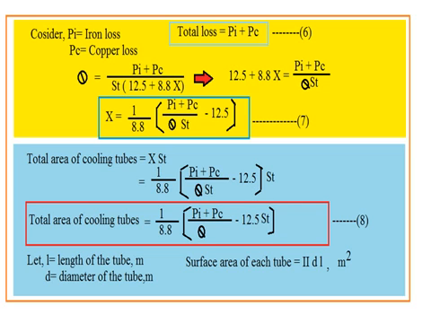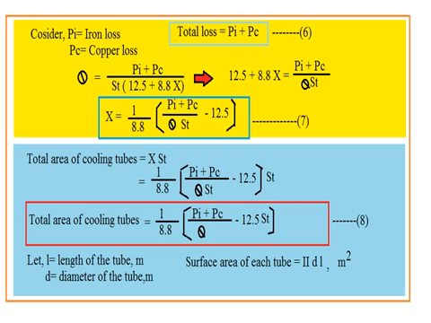After knowing the x value, it is possible to calculate the total area of cooling tubes, x times St. You are getting equation number 8. This equation number 8 provides the total area of cooling tubes. Once you know the total area of cooling tubes, we are at the edge of our final solution.